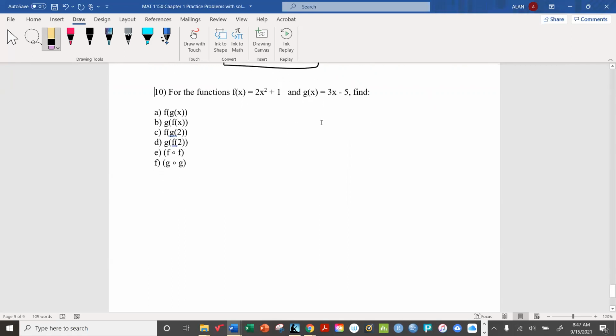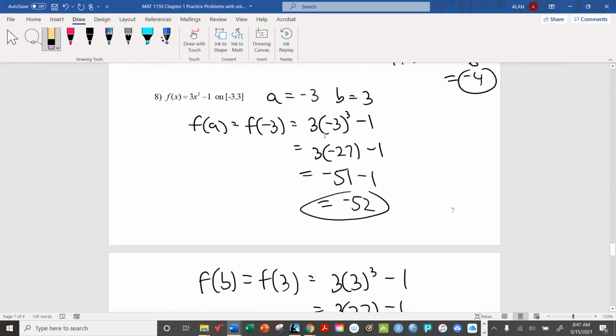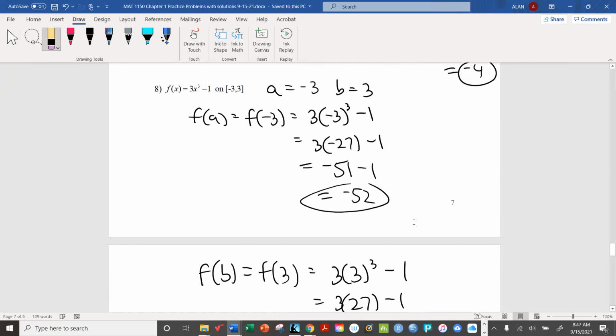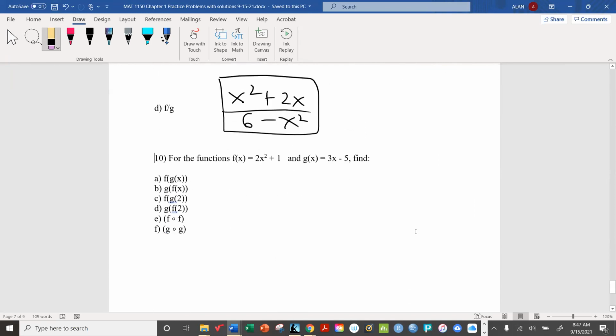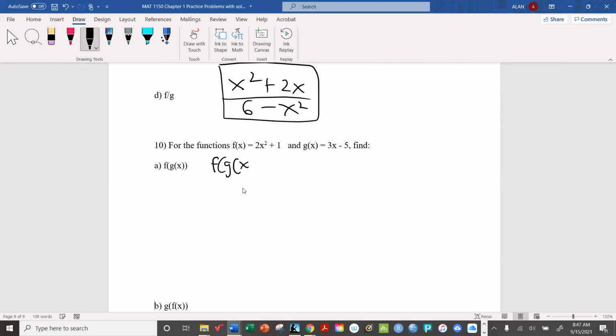Now these guys, the composite functions, we have to be super careful with these. All right, so for example, f of g of x. So here's what you do. You take your f of x and each x is replaced with g of x.